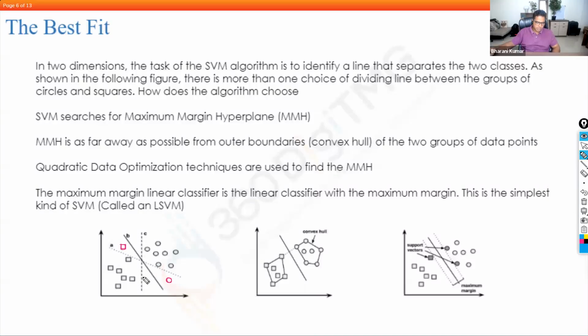And then if you observe C, that also will have certain misclassifications. For example, any data point on the right side will belong to a circle, and any data point which falls towards the left side will be a square. And you have this dotted line here. If you have a data point here, since it's falling towards the right of this classifier C, this circle would be misclassified as a square.